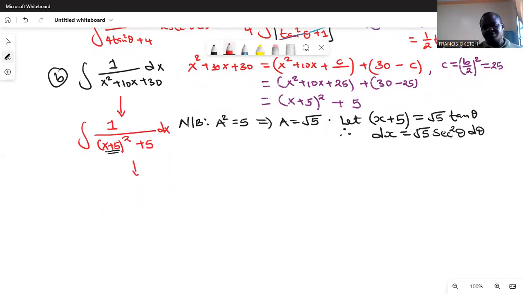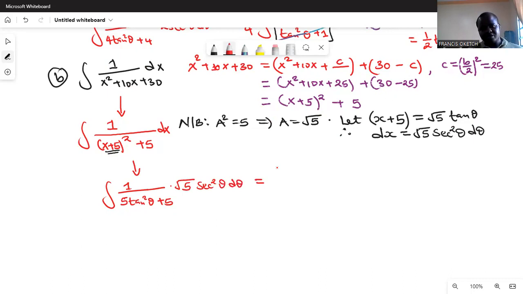So this integral will now become 1 over, squaring root 5 tan theta gives us 5 tan squared theta, then there's another plus 5. dx you also have to replace. dx is root 5 sec squared theta d theta.